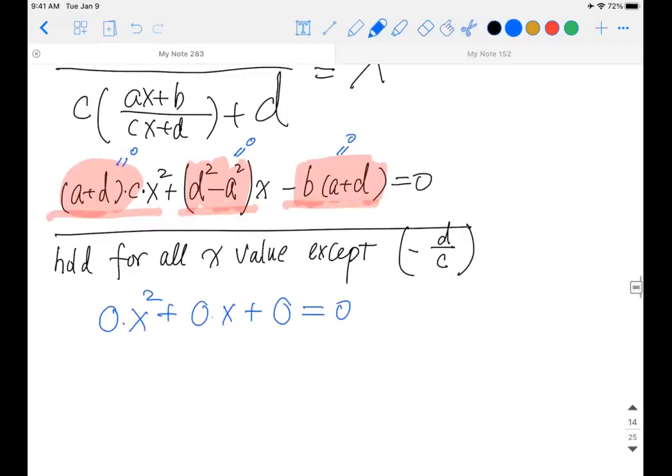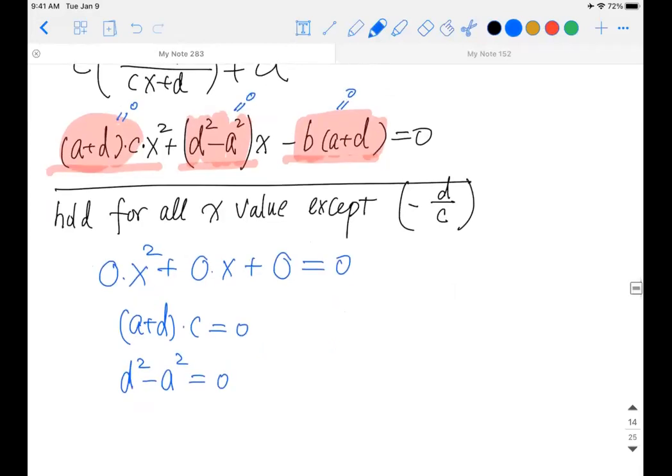So that being said, a plus d times c equals 0, d squared minus a squared equals 0, and b times (a plus d) equals 0. Is that right?